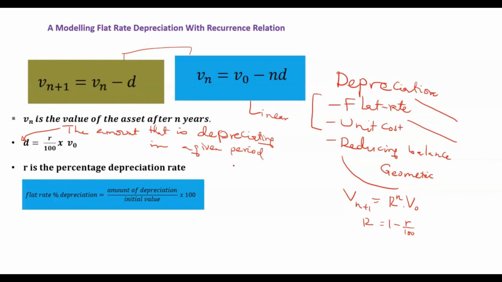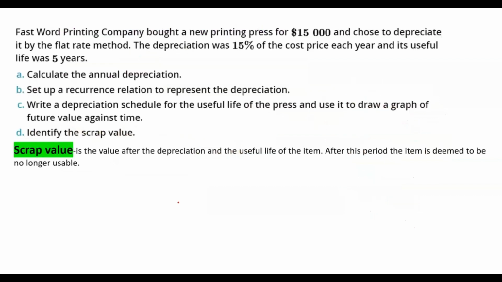So D is the amount that is depreciating in a given time. And the percentage flat rate depreciation is the amount of depreciation over the initial value times 100%, that's how we calculate. Alright, let's have a look at an example.